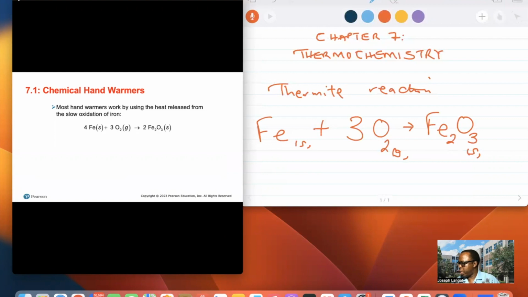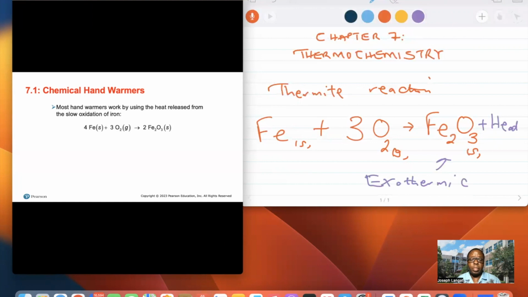There is heat here, by the way, and this is exothermic. Sorry to preempt this, but we will look at it in detail later on. With exothermic and endothermic, heat is given up. This is what is responsible for warming the hands. This is an exothermic reaction.